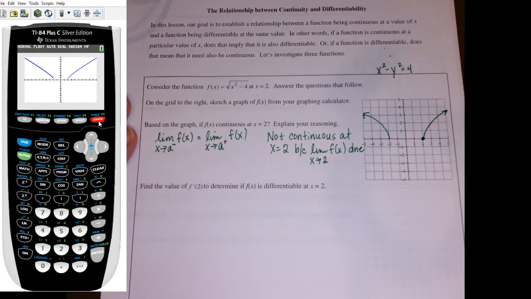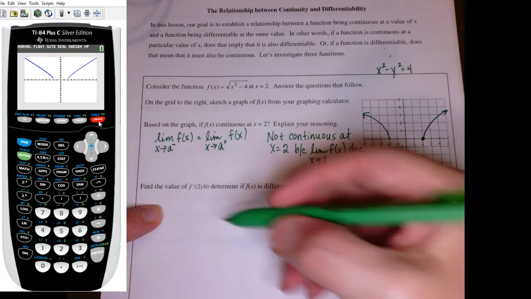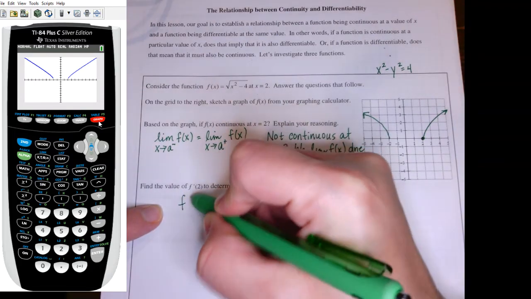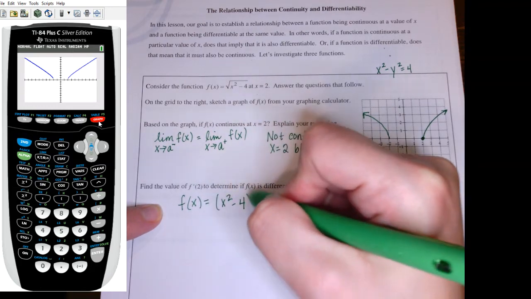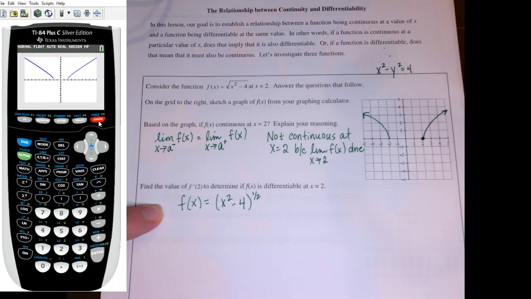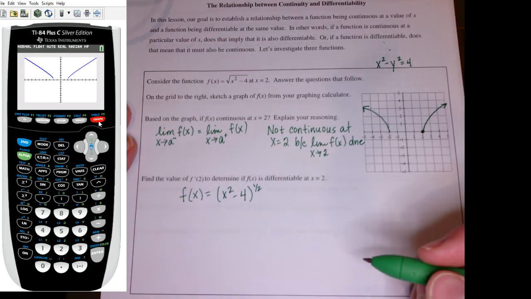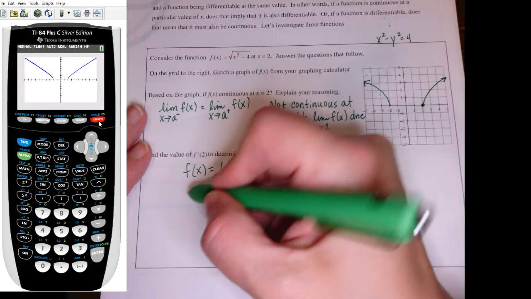Does not exist. Now, let's look at it from the derivative. Okay, I'm going to rewrite it with my fraction exponent so I can take the derivative. So I'm going to bring that 1/2 power in front.